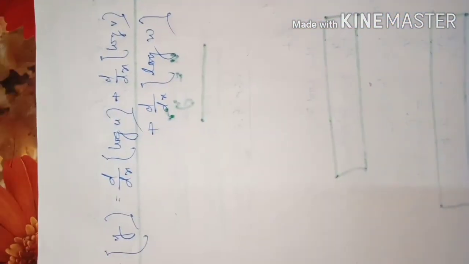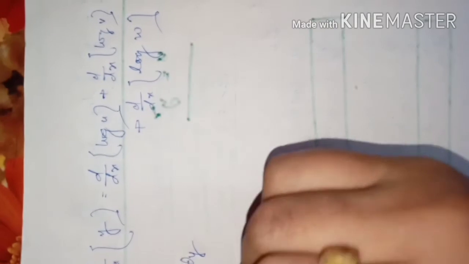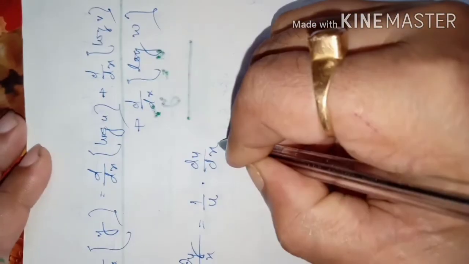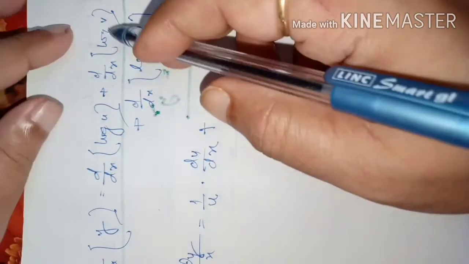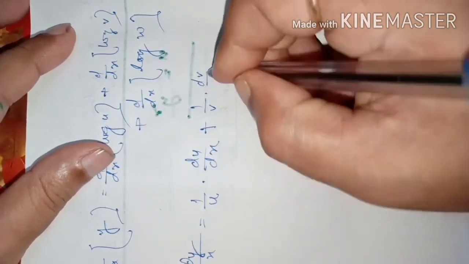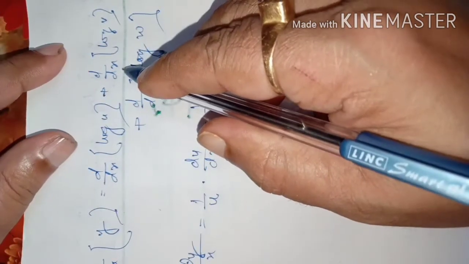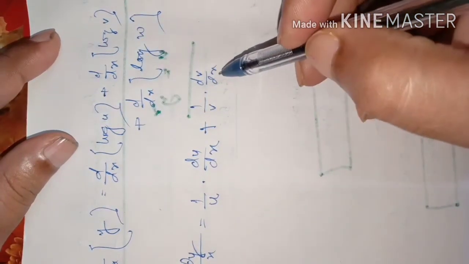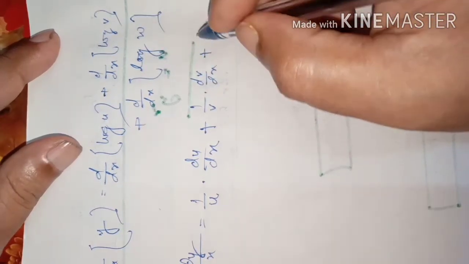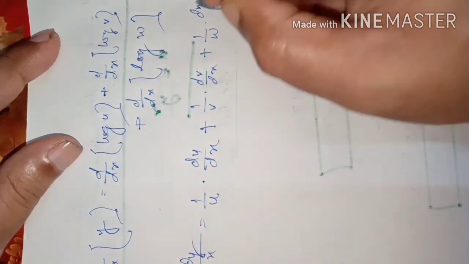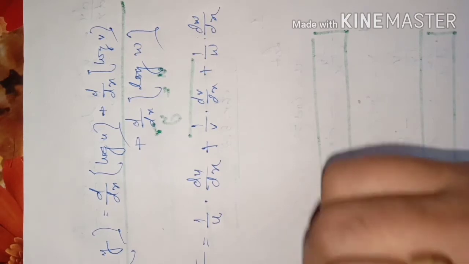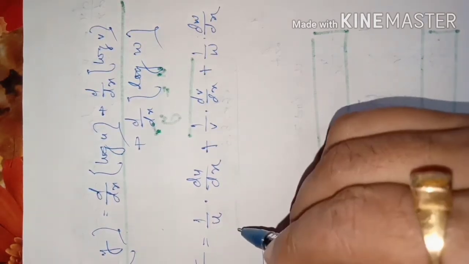Okay, so what do we get now? dy by dx is equal to d/dx of log u is 1 by u into du by dx, plus d/dx of log v is 1 by v into dv by dx, because we are taking the derivative with respect to x, but it is log v, that's why it will be 1 by v into dv by dx, plus d/dx of log w is 1 by w into dw by dx. Got the idea?